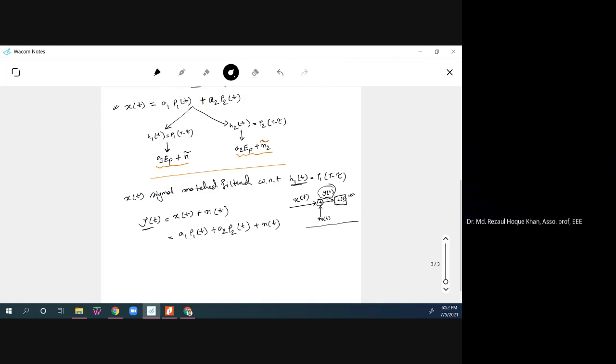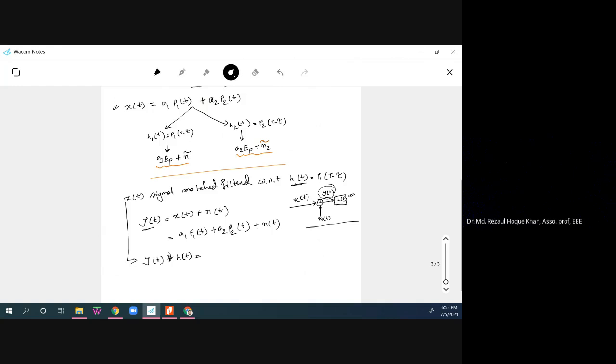So the y(t) signal will be passing through h(t), which means it is actually convolved with h(t). What will be the output?